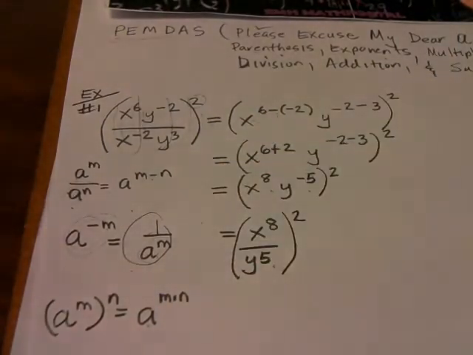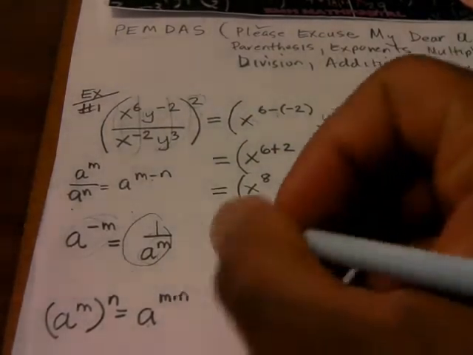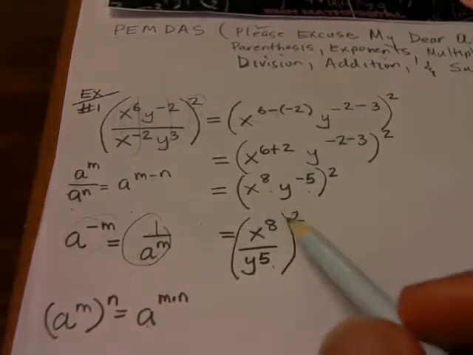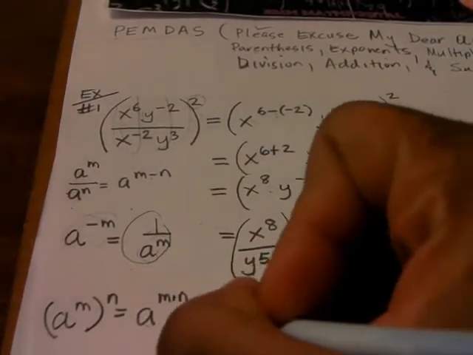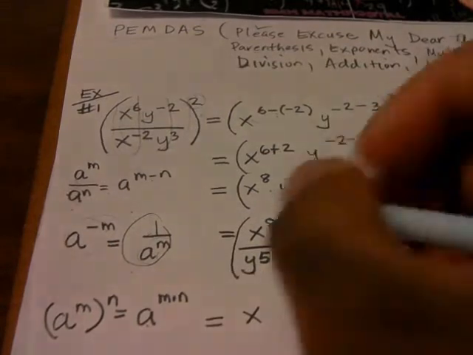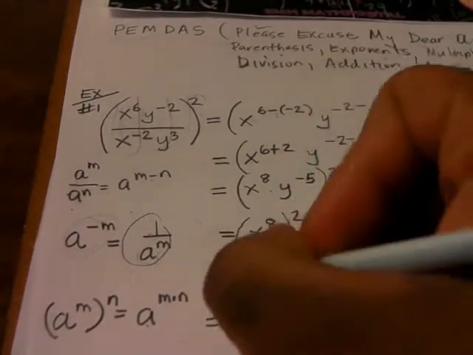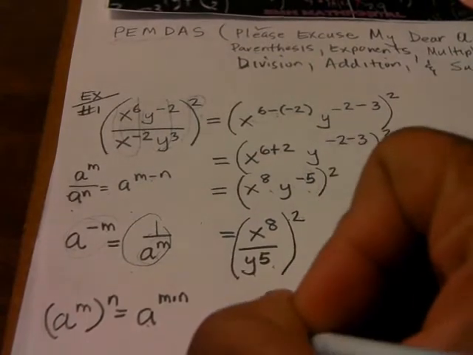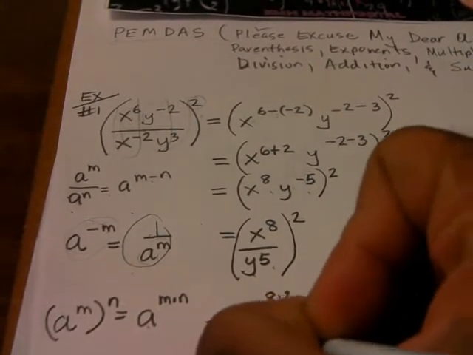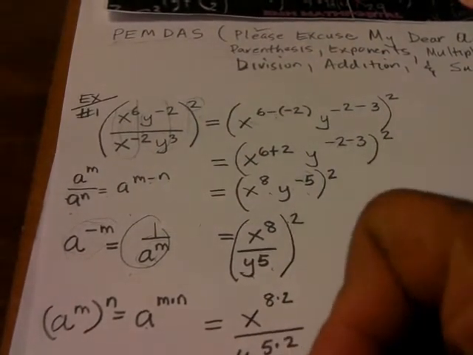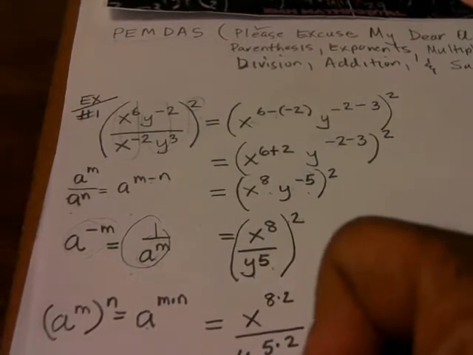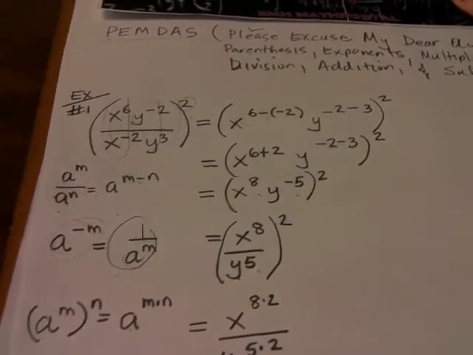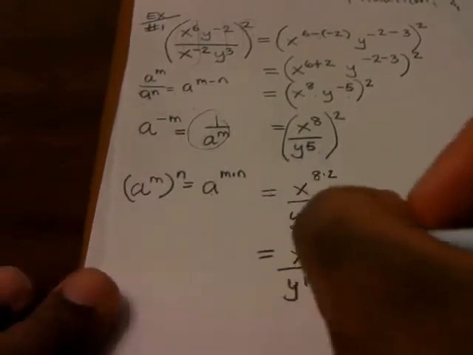So they're products, so you multiply them together. So let's do that for your numerator and your denominator. In this part, we have x raised to the power 8 times 2. I'll just go ahead and express it. And then y to the power 5 times 2. This will give you x to the 16th power and then y to the 10th power. All right? And that is your final answer.